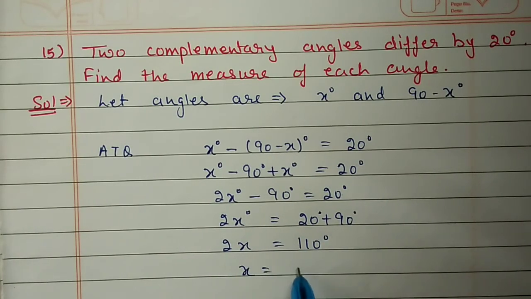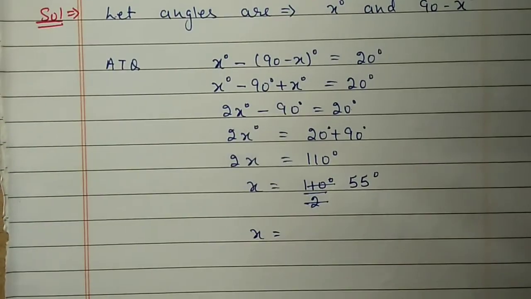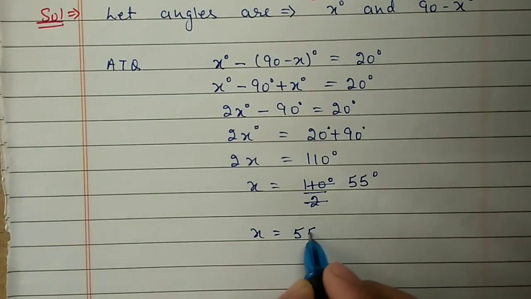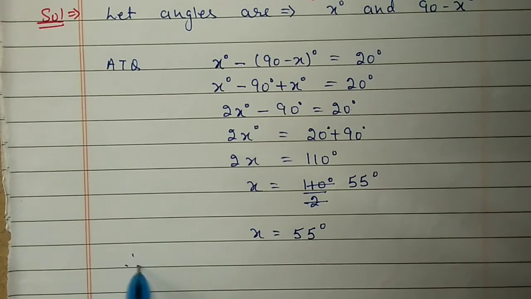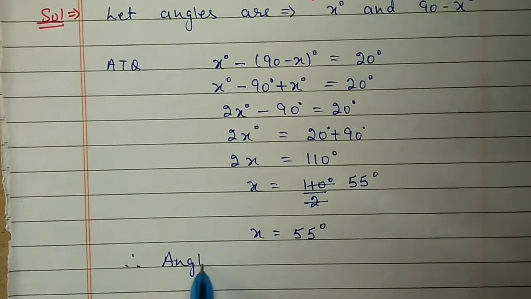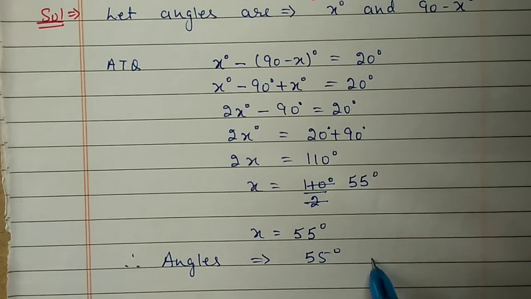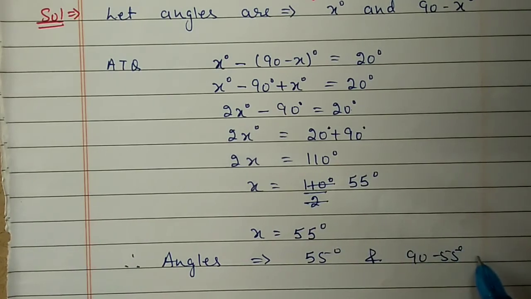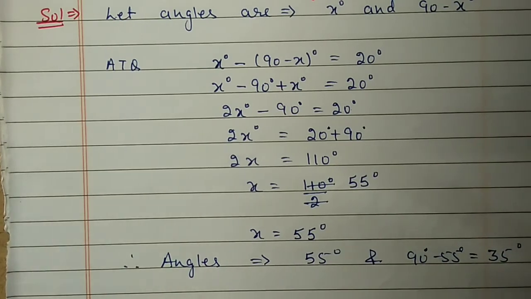So x value will be 110 divided by 2, 55 degree. Therefore, angles will be, first is 55 and second one will be 90 minus 55 is equal to 35 degree.